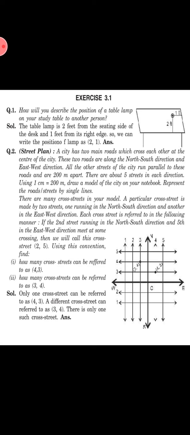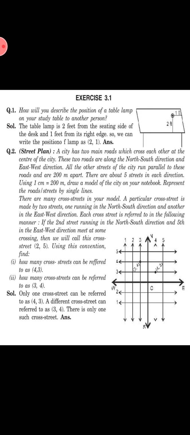Represent the roads or streets by single lines. There are many cross streets in your model. A particular cross street is made by 2 streets, one running in the north-south direction and another in the east-west direction. Each cross street is referred to in the following manner.